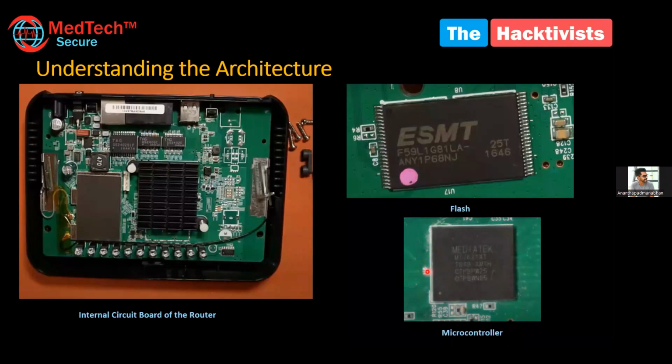Using the JTAGulator, you can connect those pins, and the JTAGulator has a UI interface. Using that UI, you will get to know what each particular pin, say pin number 1, stands for, and by using that technique you can find the testing points which are necessary for your security assessment.